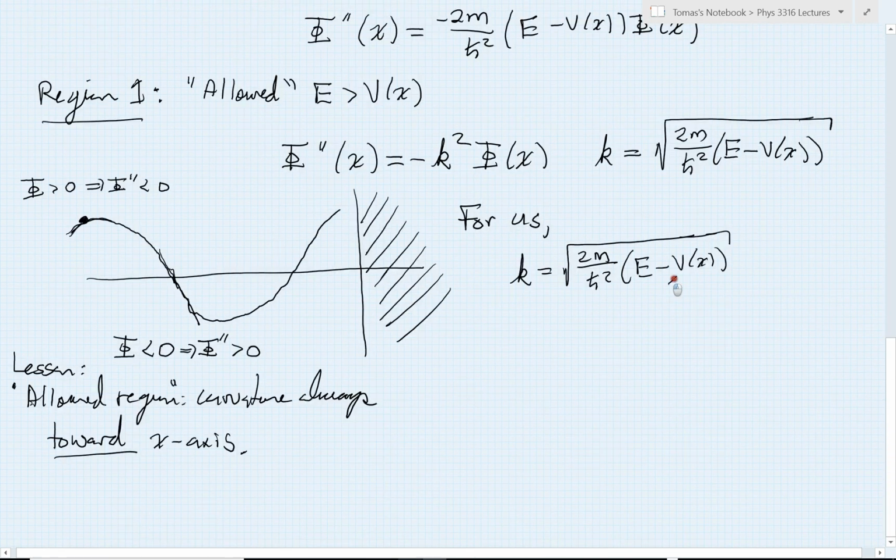So this V of x actually goes away. That's just 0. So we have this happy, simple result.